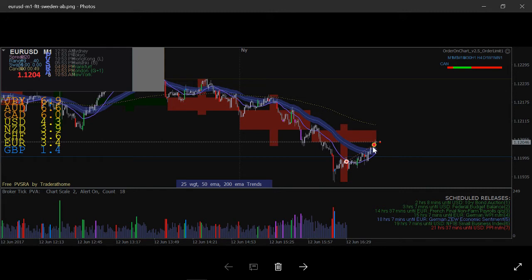Because once it broke the Dragon, it's more likely that the next target for the price would be to go up all the way to the 200 EMA. Once it breaks the Dragon, it's more likely that it will go all the way to the 200 EMA, and you don't want that to happen. Why?